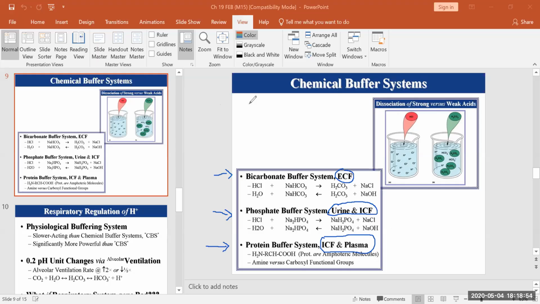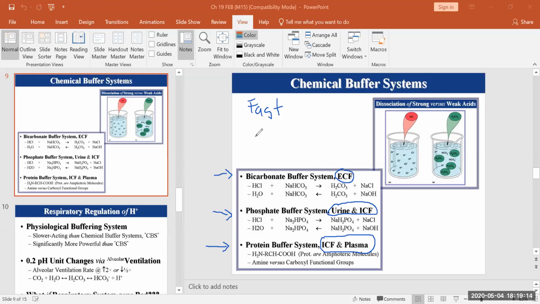Now the chemical buffer systems are fast, but they can only prevent pH change to a certain extent. What they cannot do is get rid of the protons.